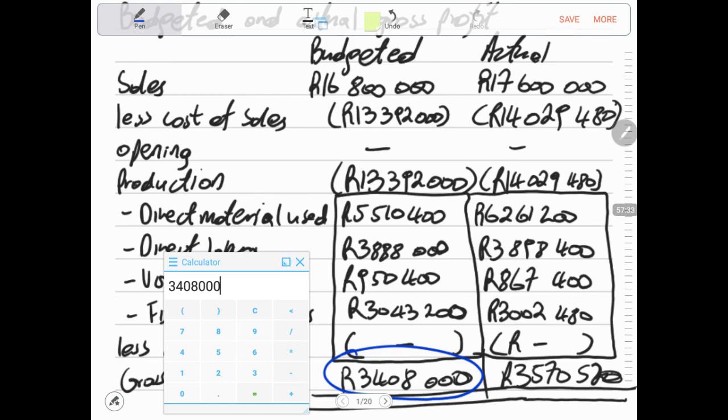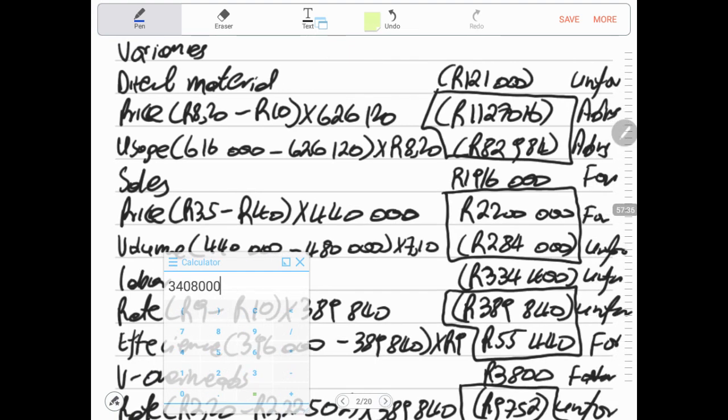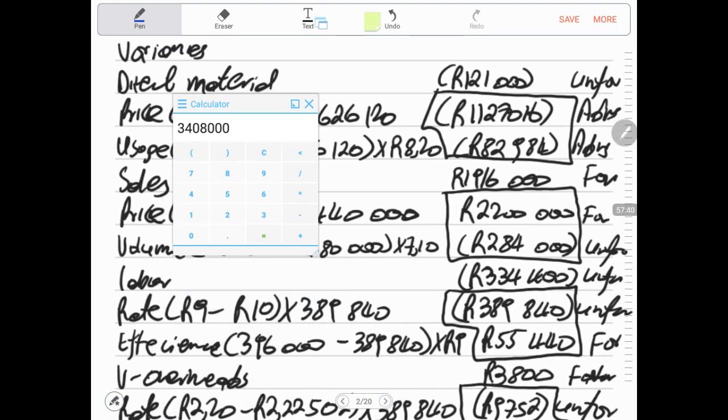3,408,000. Then now we go to all the variants. The first one was unfavorable, minus 121,000. Second one was favorable, plus 1,916,000.